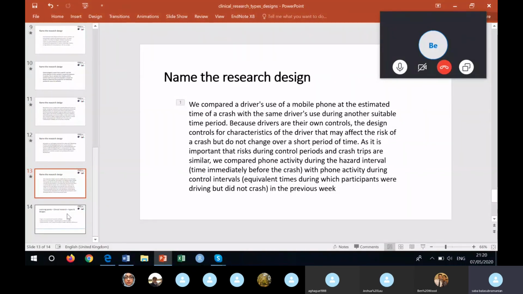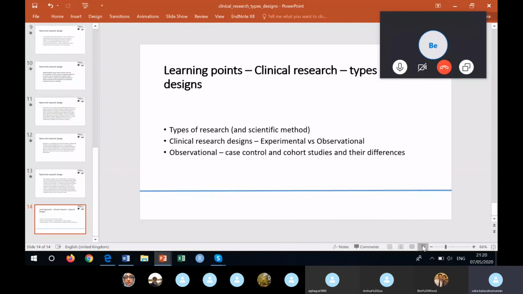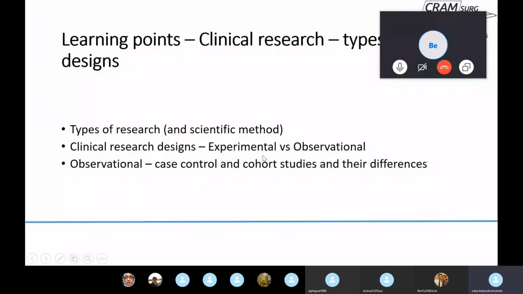Lovely. Right, let's wrap this up. So we talked about types of research. We haven't really spent much time talking about the scientific method, but that'll be for another time and day. We talked about clinical research designs. The first categorization is to differentiate research into experimental and observational.